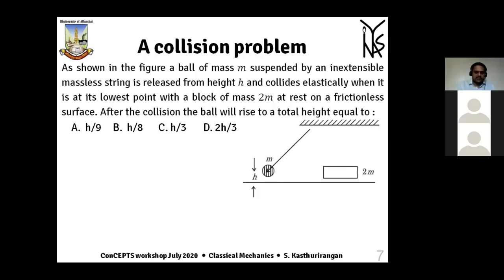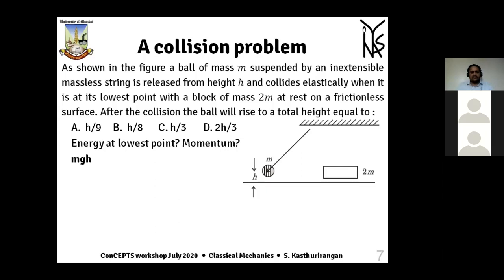How to go about solving such a problem? When the collision takes place, you need to know how much the energy was, because you need to know the momentum. It is very straightforward. You know the law of conservation of energy. If it had initial energy mgh, then at the lowest point all of that mgh is converted to half mv squared, which is numerically equal to mgh.